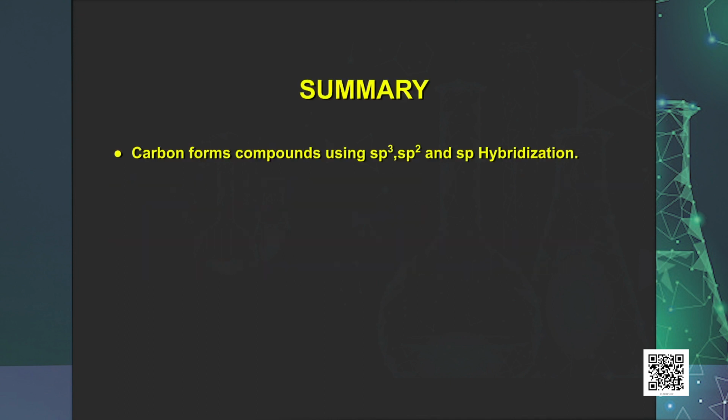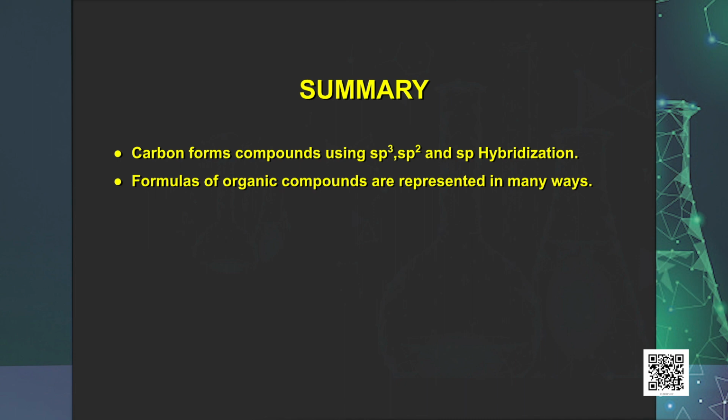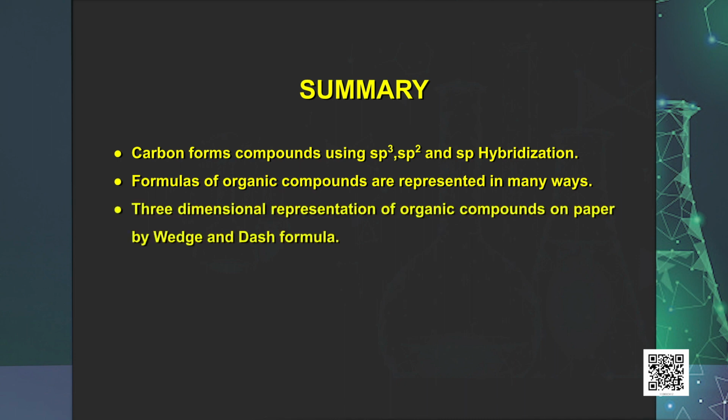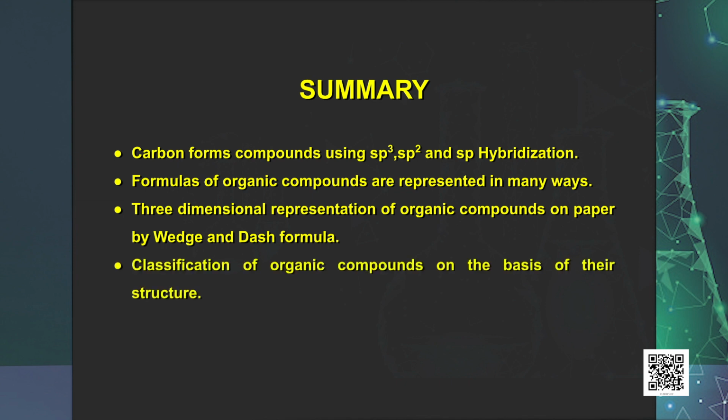Carbon forms compounds using sp3, sp2 and sp hybridization. Formulas of organic compounds are represented in many ways. Three-dimensional representation of organic compounds can be depicted on paper by wedge and dash formula. Classification of organic compounds is on the basis of their structure.